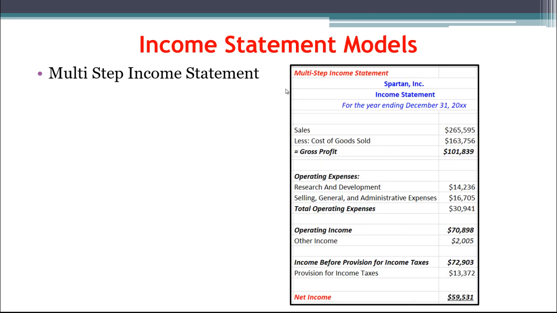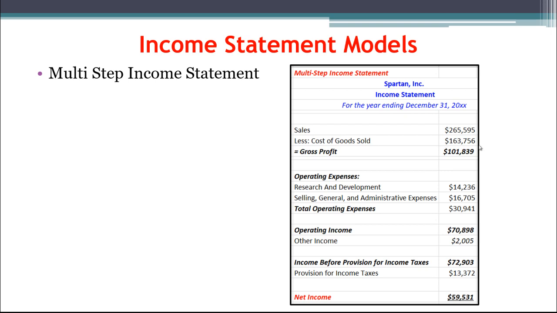With the multi-step income statement, it's a little bit different. We're still going to have the same net income, but we've reorganized things into various classifications. We have various subtotals. The most important one to point out here is that immediately under sales, we have the cost of goods sold that we're subtracting out. Remember, that's an expense, but it's the expense directly related to those sales.